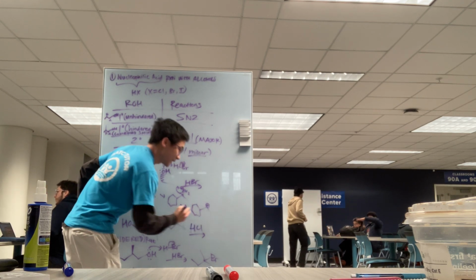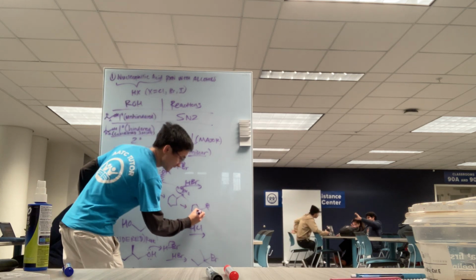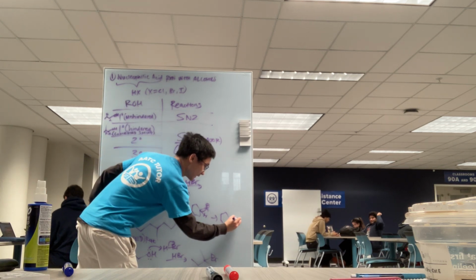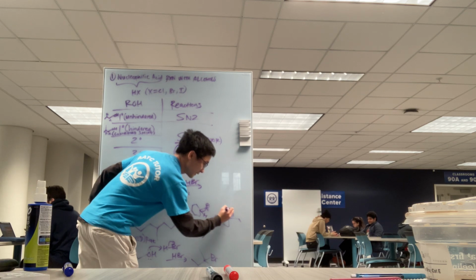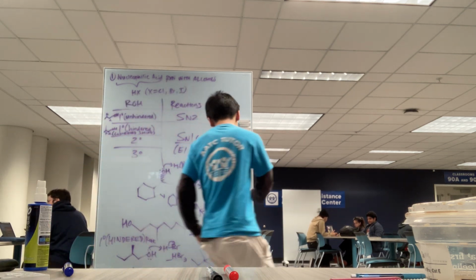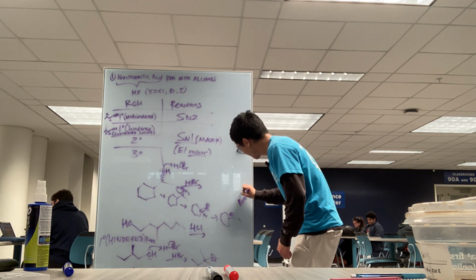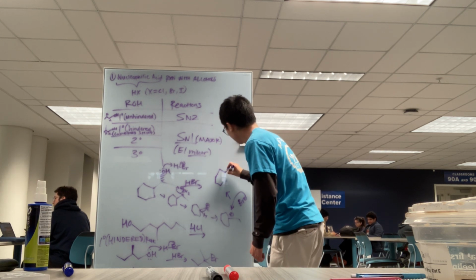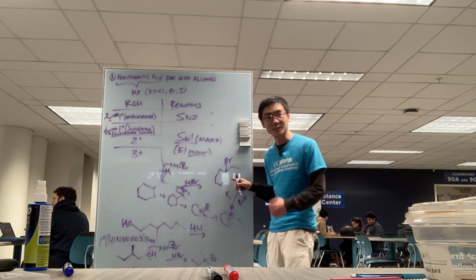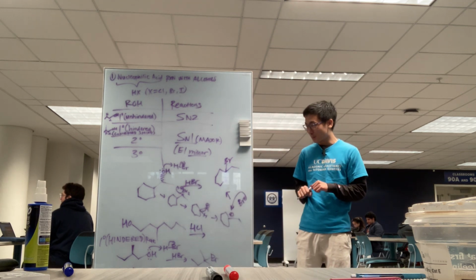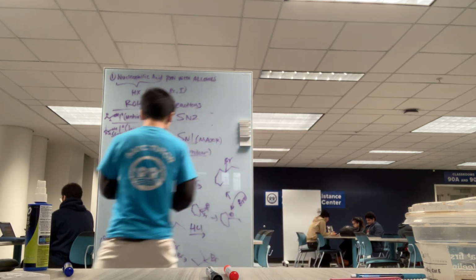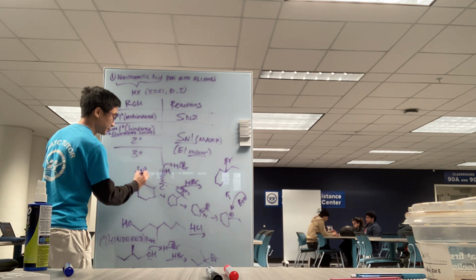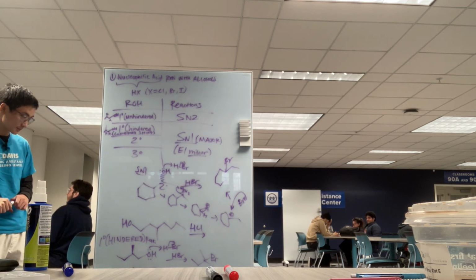And then once we have this carbocation, it shifts to the tertiary position, doing that hydride shift. And then Br minus comes in, attacks that carbocation to give us that final product right there. And this was a secondary alcohol, making this an SN1 type mechanism.